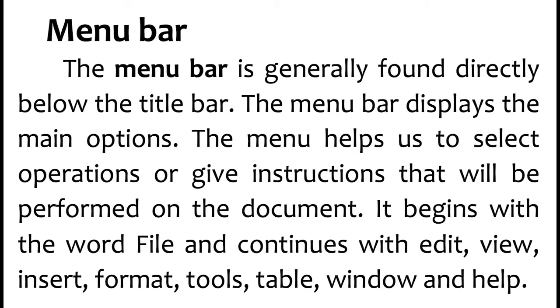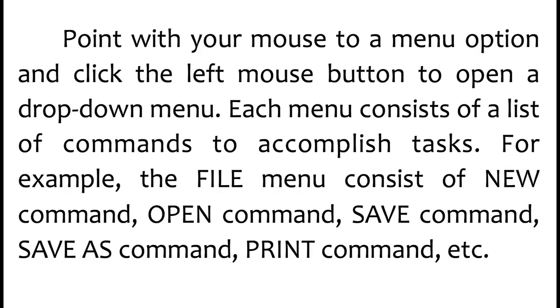It begins with the word File, and it continues with Edit, View, Insert, Format, Tools, Table, Windows, and Help. Point with your mouse to a menu option and click the left mouse button to open a drop-down menu. Each menu consists of what? A list of commands to accomplish tasks.